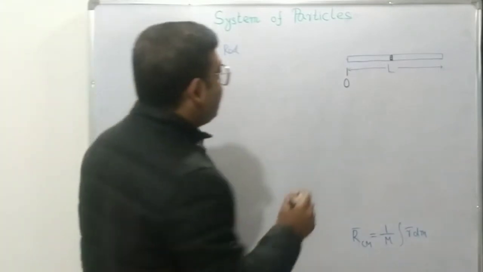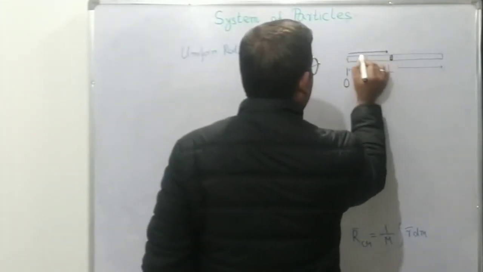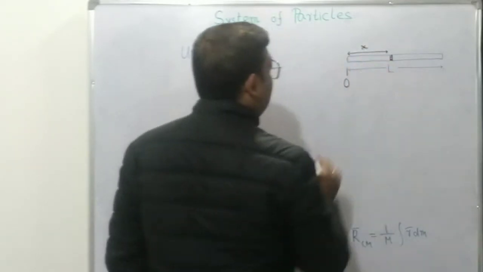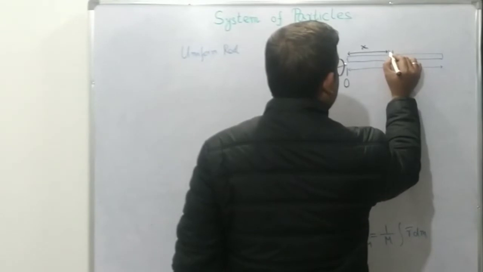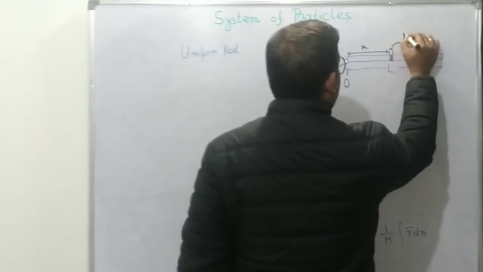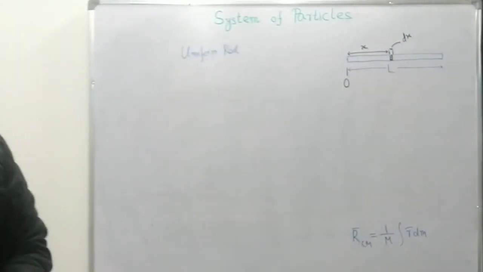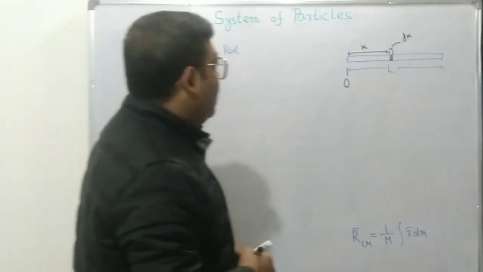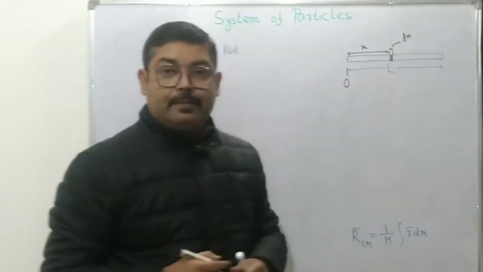That element is at a distance of x from the left hand end. And let's say the width of the element is dx, a very small length. If it is so, then what will be the mass of this element?